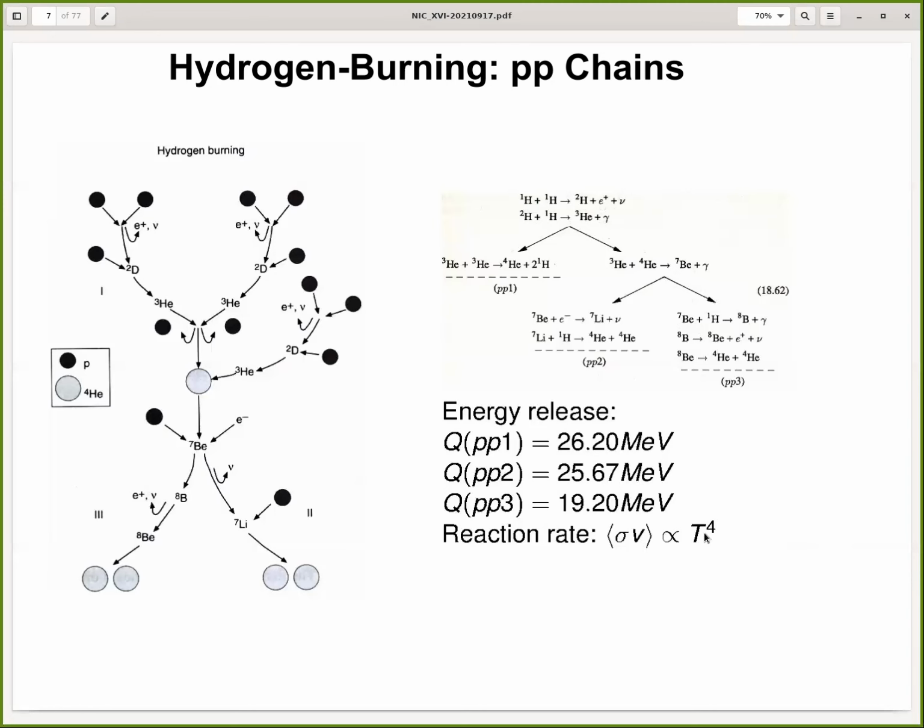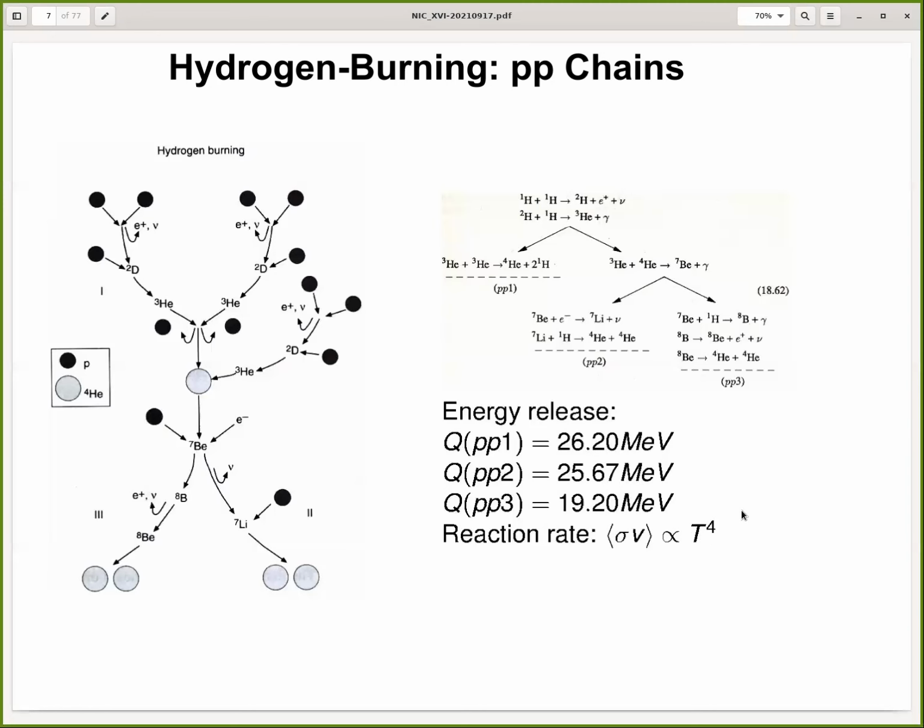That already seems quite a bit, but we will see later that it's actually a very low scaling. Many of the other reactions are much more temperature sensitive than this. So it is really almost temperature insensitive, if you will, compared to how steeply temperature sensitive other reactions are.